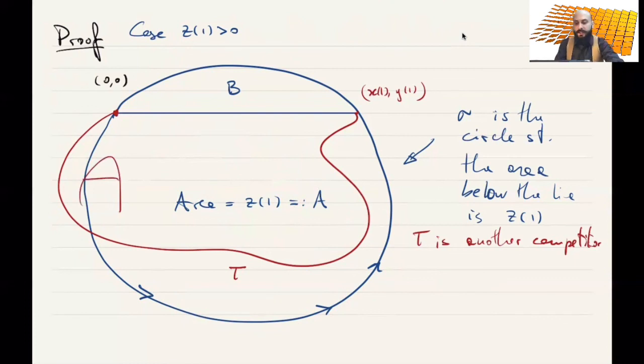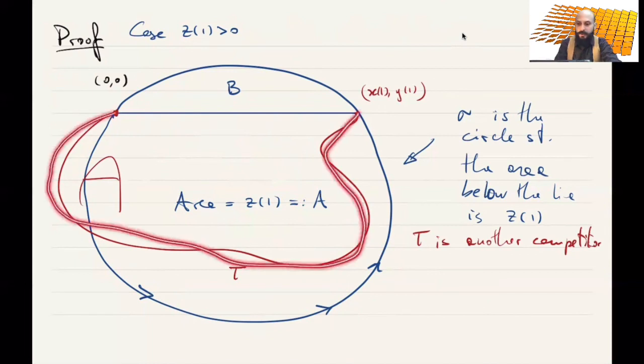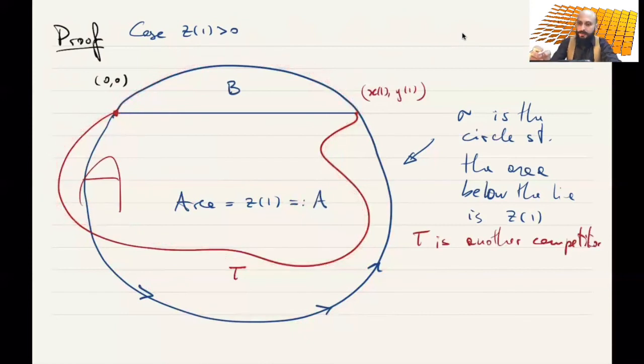Now we understand that following tau plus this other piece of the circle is a curve that encloses area A plus B. And it's another closed curve. So let's say that this was sigma, and this other piece, let's call it eta. So we have that sigma followed by eta is a circle.